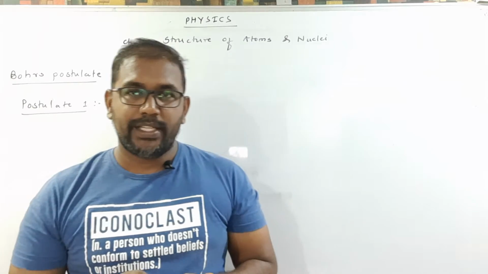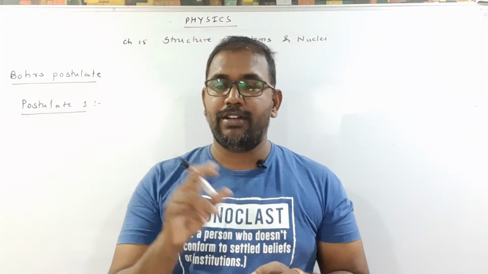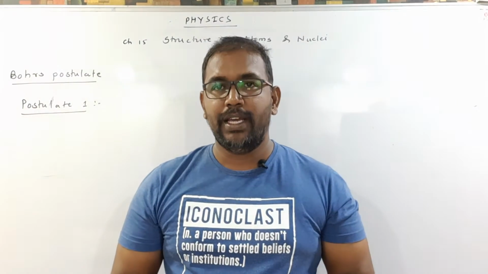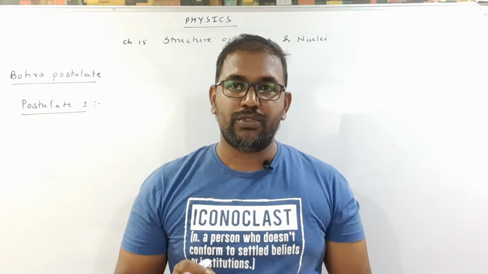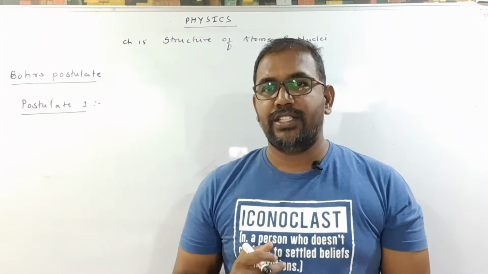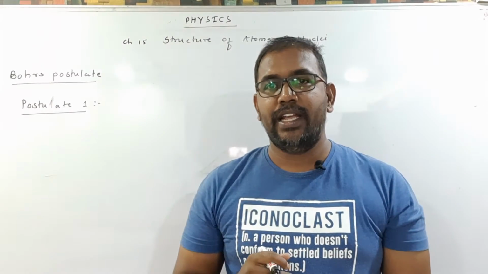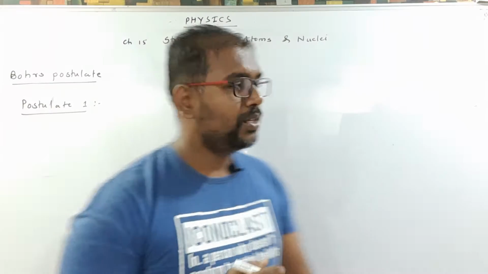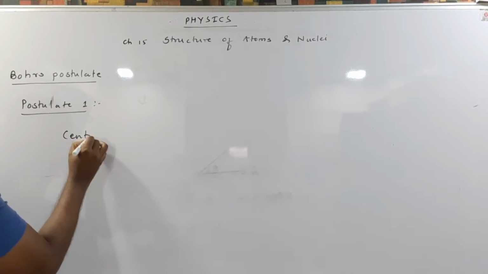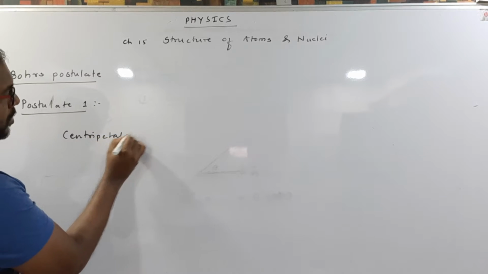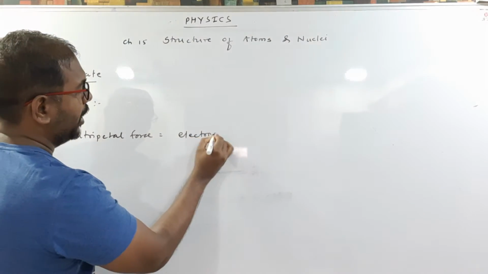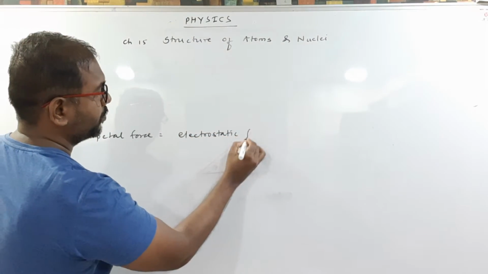Note one thing here: for circular motion of the electron around the nucleus, the centripetal force is provided by the electrostatic force of attraction between the positively charged nucleus and the negatively charged electron. So I can write here: centripetal force for the revolving electron is provided by electrostatic force.